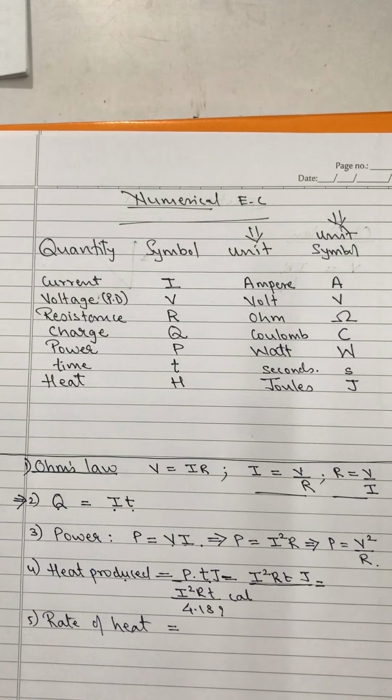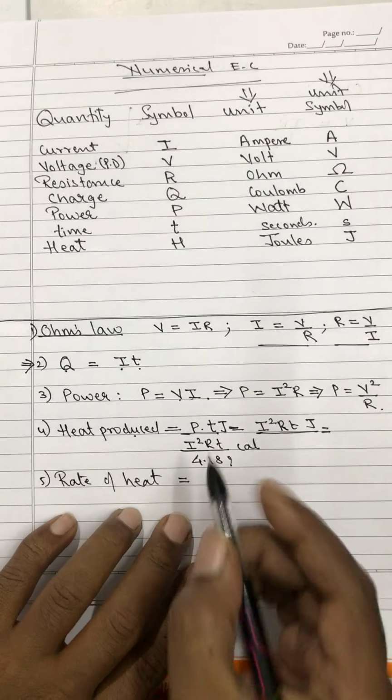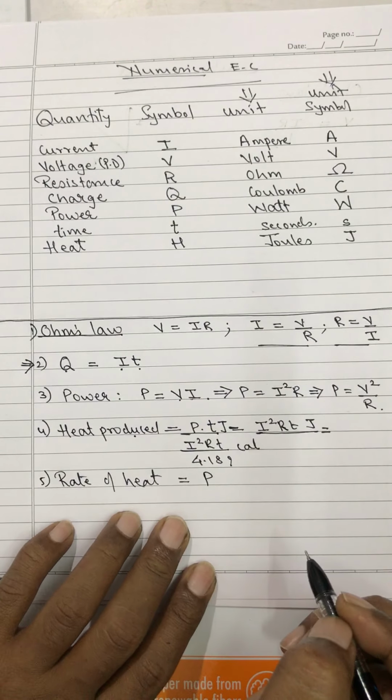If the power of the bulb is large, it will produce heat faster. If the power is less, then however much time, it is not time dependent. Rate of heat is nothing but the speed of heat produced. The rate of heat is always equal to only power.